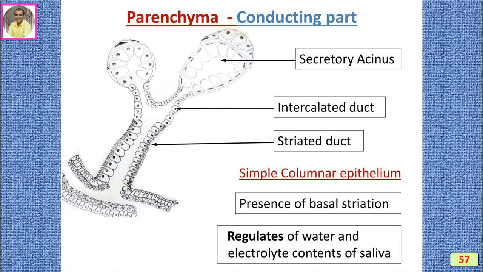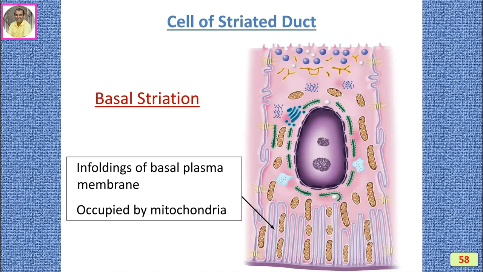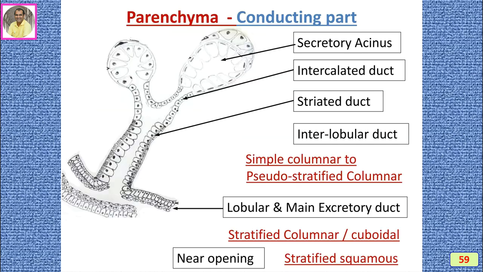And the simple columnar epithelium regulates the water and electrolyte contents of the saliva. The striated duct is very similar to a normal cell, and it also contains the nucleus, nucleolus, and all the structures which a cell contains.